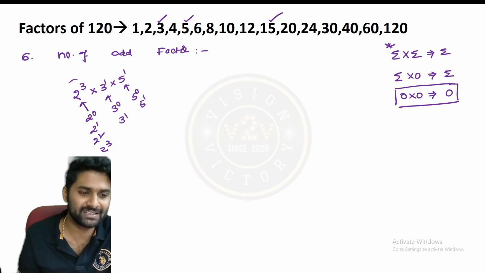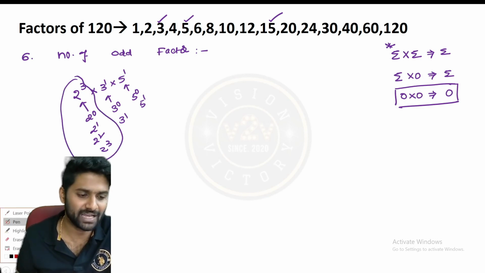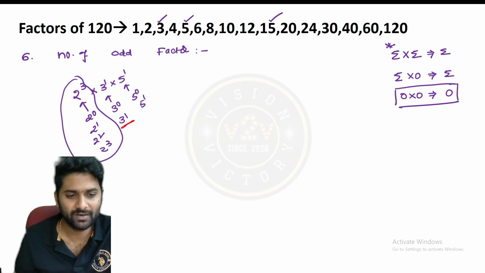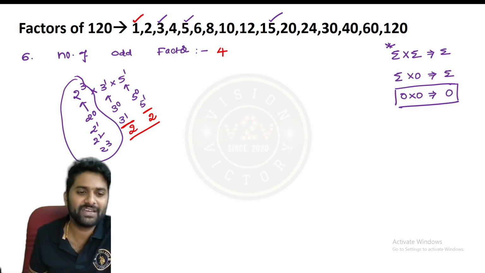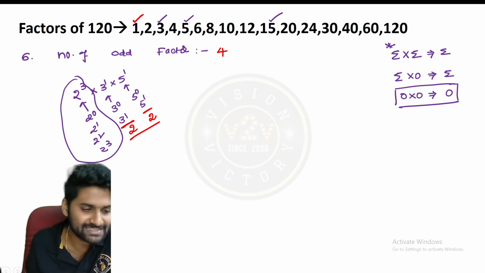So what do you understand? Remove the even in your calculation. Now here we have 2 odd factors. Then the total number of odd factors is 4, guys. Sorry, I just left out the 1 also. That's why the number of odd factors is exactly equal to 4.